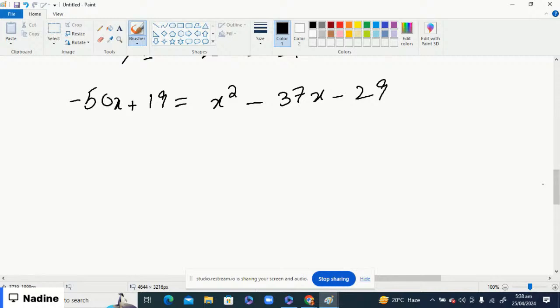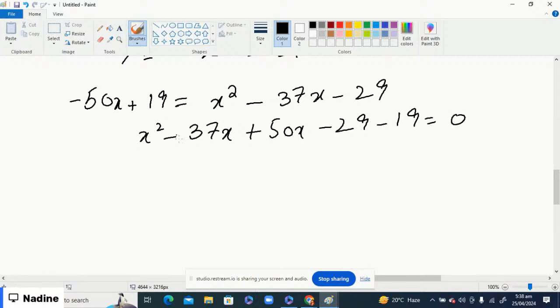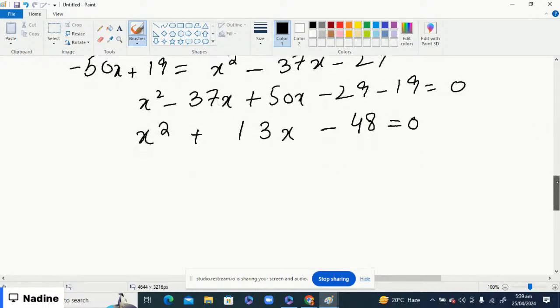Then move all these terms to this side. After subtraction, what's the answer? It's 48.